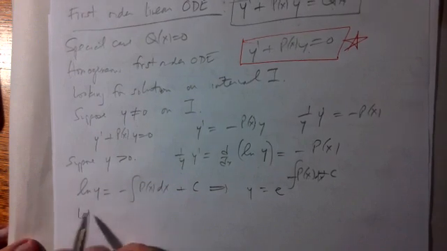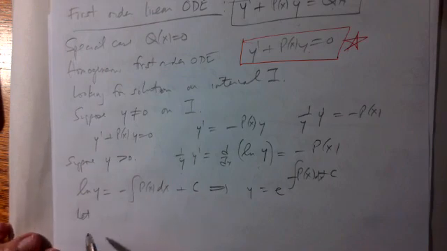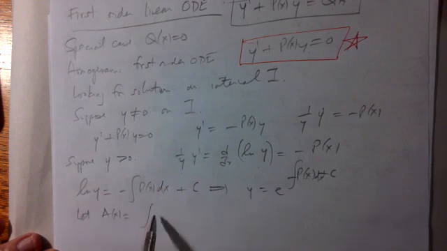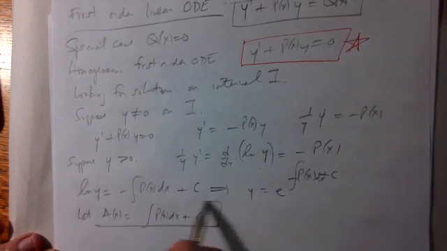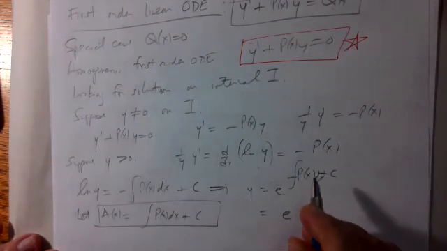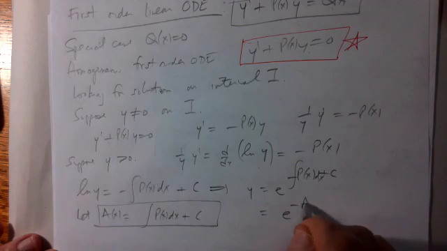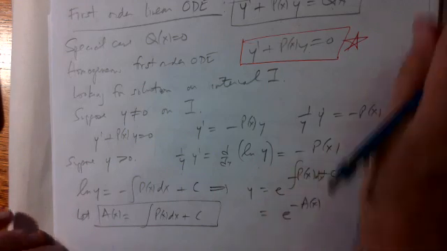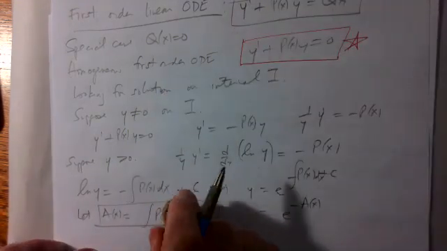And if I want to follow the notes that I distributed last week, if I let A(x) be equal to the integral of p(x) dx plus c, then this is equal to e to the minus A(x), sorry, minus c.